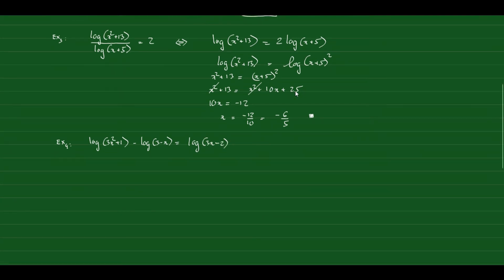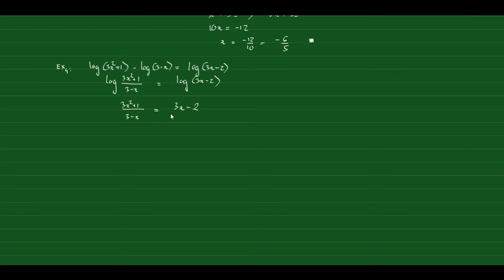Alright, we're going to use the property here a little bit. If you have log minus log, it means you have the log of the numerator divided by the denominator. And now you see the base is the same, base 10, so we can set up the argument, which is 3x squared plus 1 over 3 minus x equal to 3x minus 2.